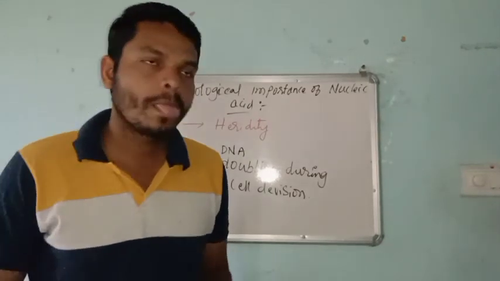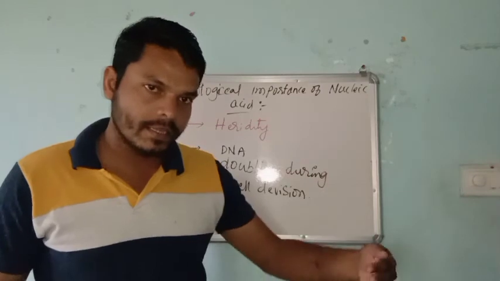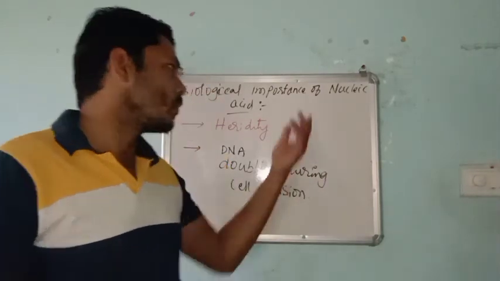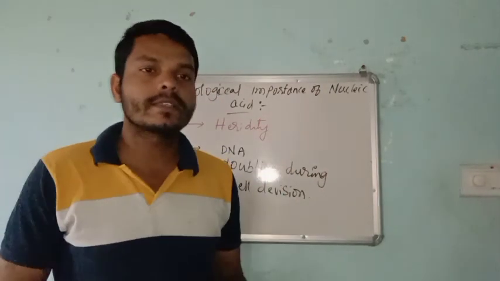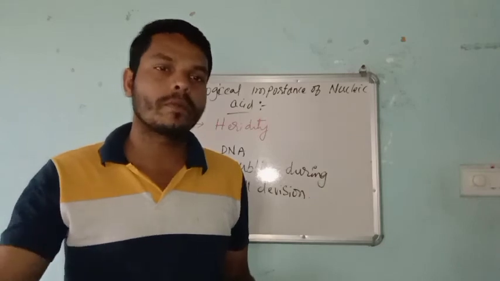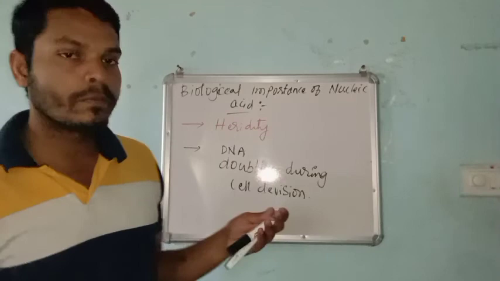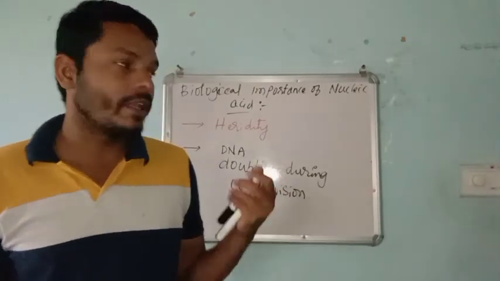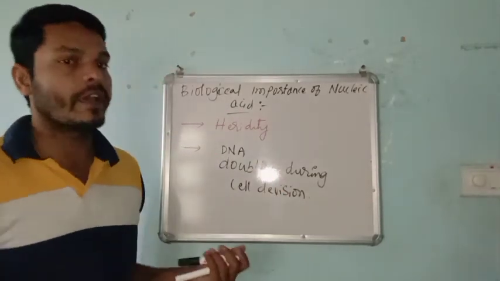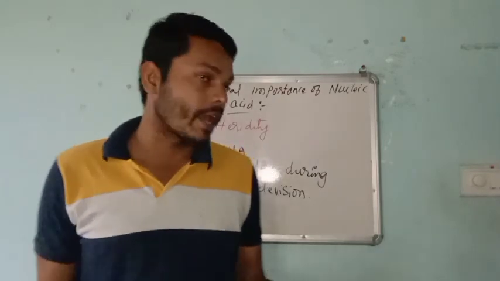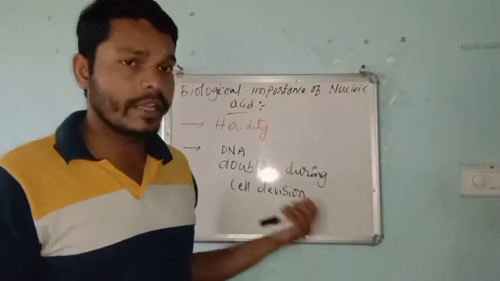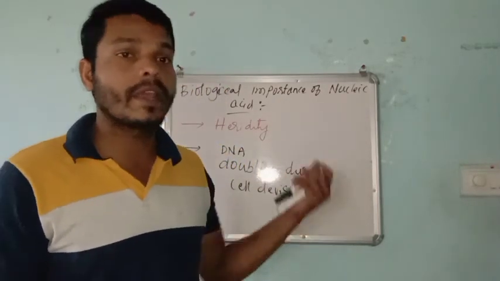Why? Because if I see the next point about nucleic acid, nucleic acids lead to the formation of a very important thing, which is protein. We have three types of RNA: tRNA, mRNA, rRNA.